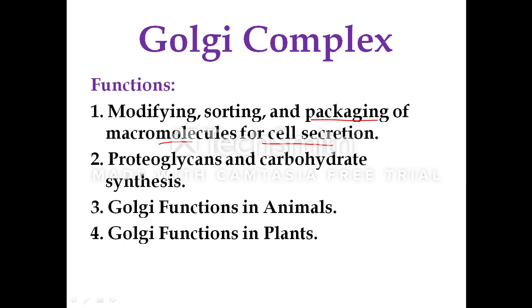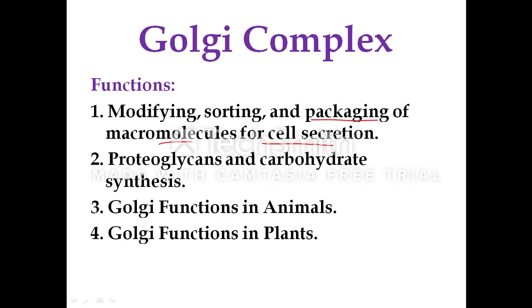Proteins are modified by the enzymes in the cisternae by glycosylation and phosphorylation. So this glycosylation and phosphorylation will make the further post-translational modification of the proteins, and they will be packed inside the Golgi complex, in the membrane that will be considered later as the lysosomes.